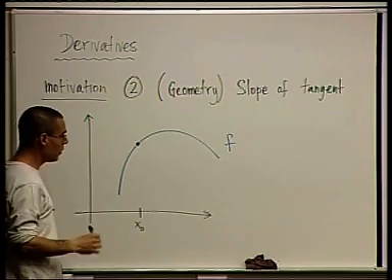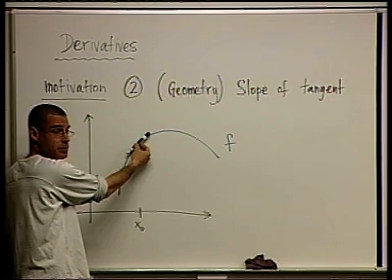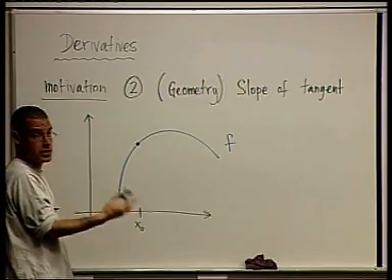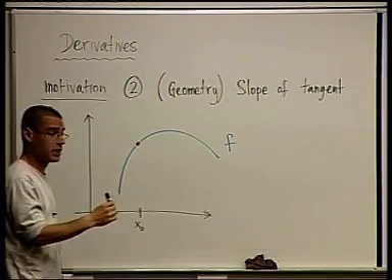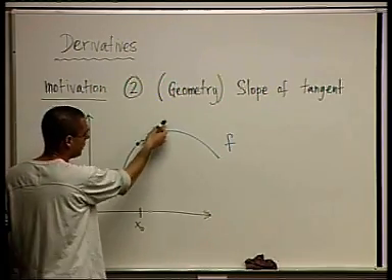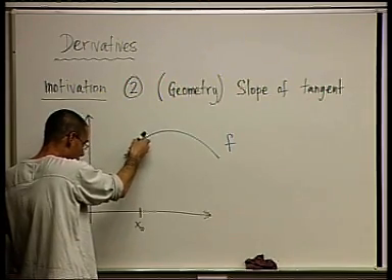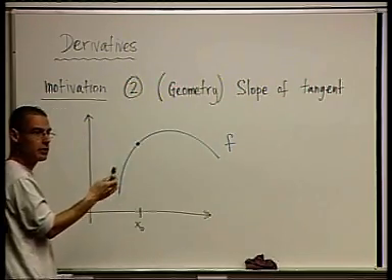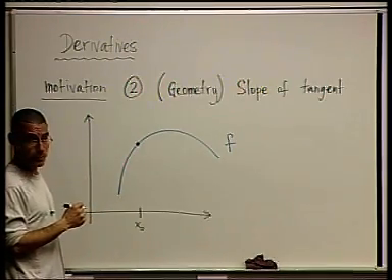And I want to know what is the slope of the tangent line precisely at this point. Now, the reason that this is still an intuitive discussion is that we didn't define what the tangent line is. In fact, the formal definition of the tangent line is going to be by the derivative. But suppose we understand what we mean. We want a line that passes through this point and touches the function at this point only, at least in a neighborhood or something like that, right? We know what we want in some sense. What is its slope?